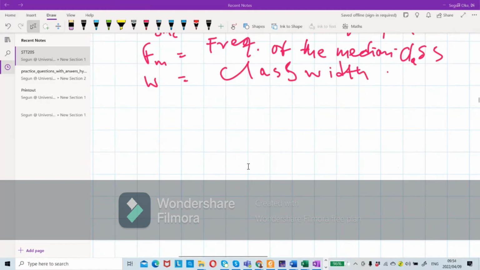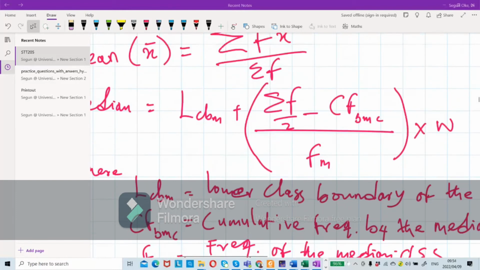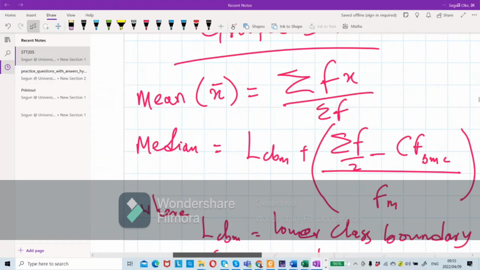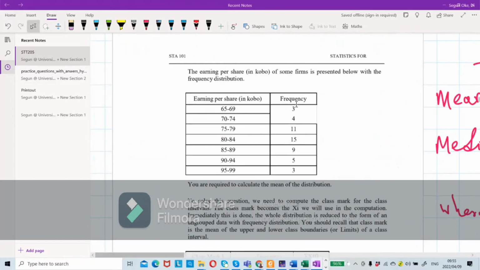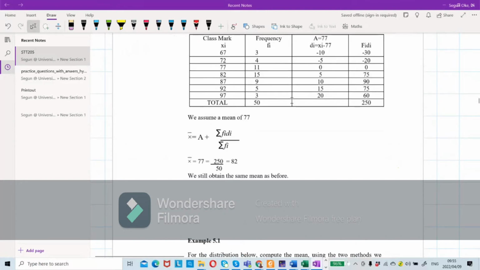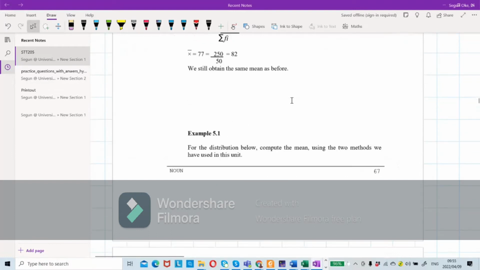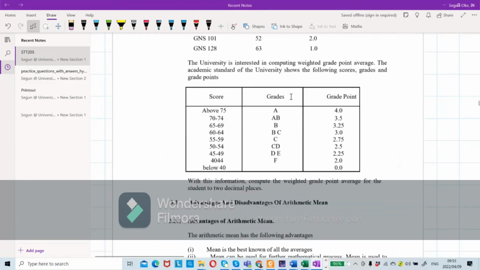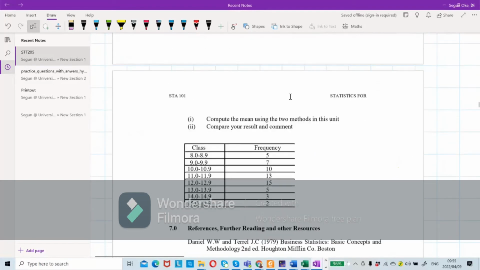Okay. The question says, we have this formula that we are to make use of. Please take note of the formula. If you check your books, there are different formulas there. We are still going to have the same answer. But because some of the formula here is scattered, I don't bother myself using some of them.